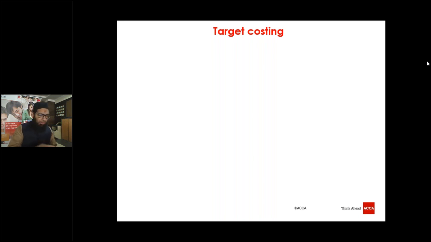So for example, we have made a product for suppose $80. We add a profit of $20 and we get a price of $100. This is what we do traditionally.